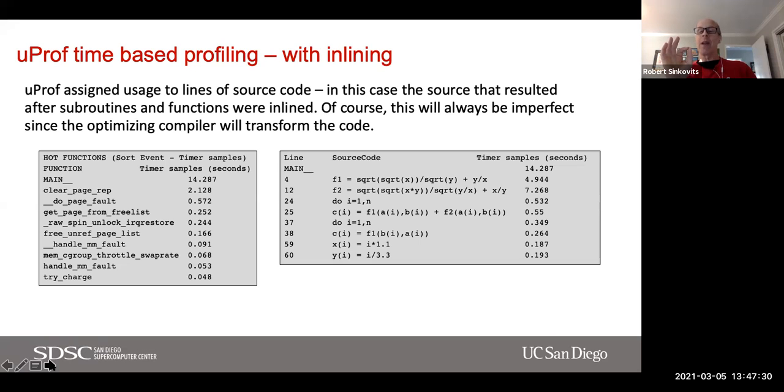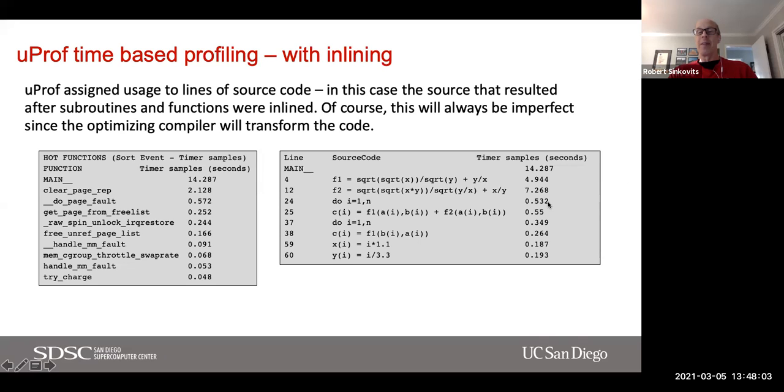Now take this with a grain of salt, because your optimizing compiler is doing a lot of modifications to code. In this case, for example, you're seeing line numbers that would correspond to the inlined code. And we find that just about 5 seconds is spent on the function f1, about 7 seconds on the function f2.